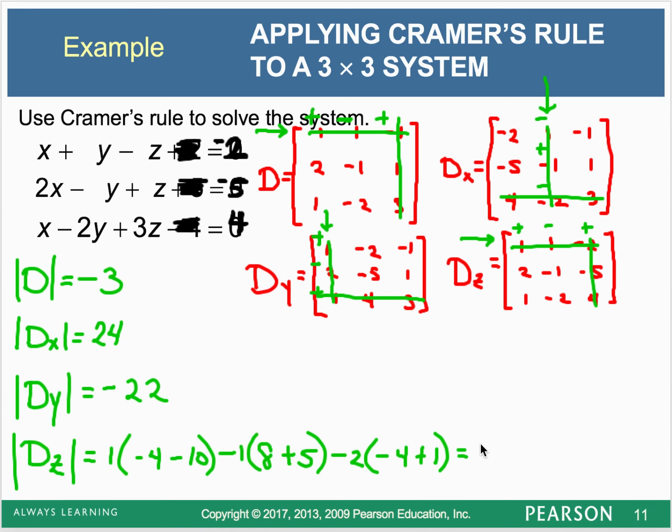Okay, so we have 1 times negative 14, minus 1 times 13, minus 2 times negative 3. Let's see what we have here. So negative 14 minus 13 plus 6.